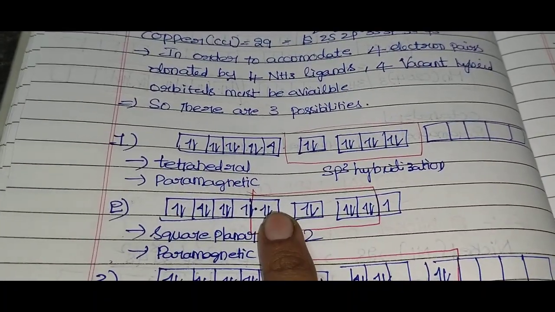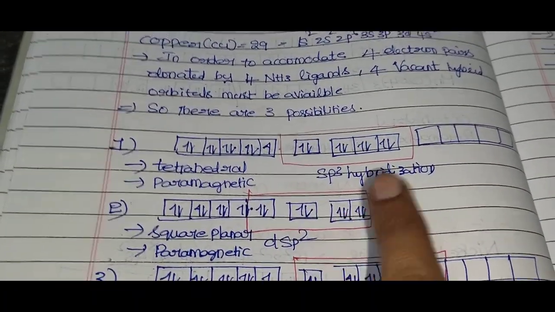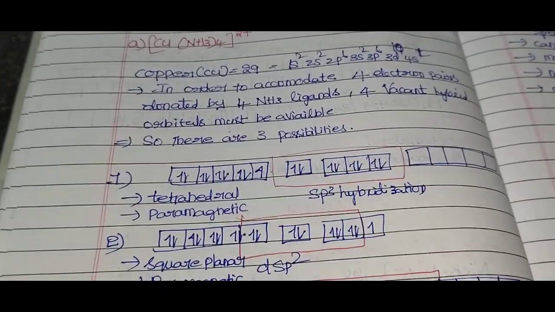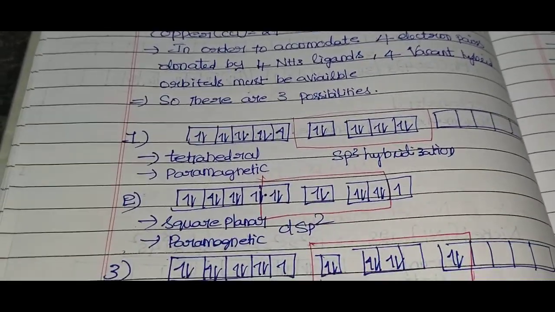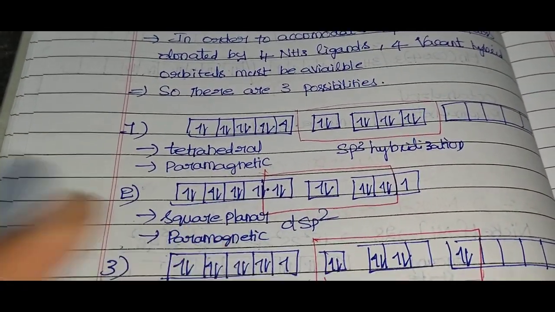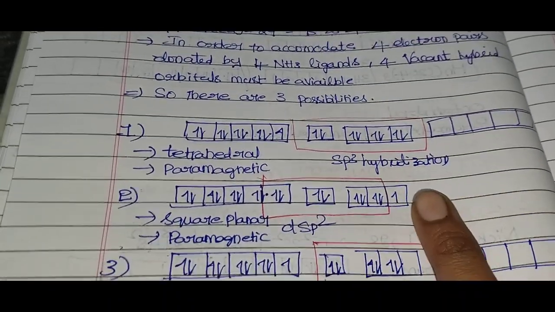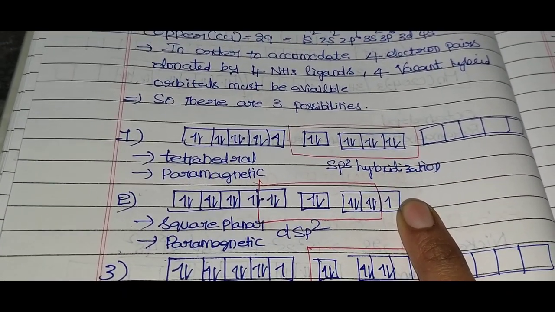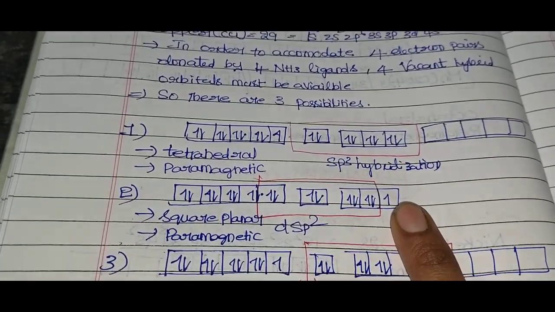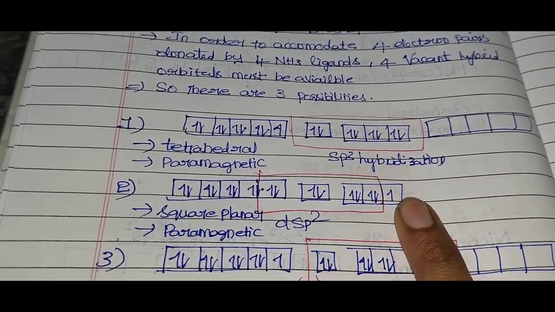So 1 2 3 4, so 4 it can bond, so it is dsp2 hybridization, and the structure is square planar, and because of presence of one unpaired electron, it is paramagnetic in nature.